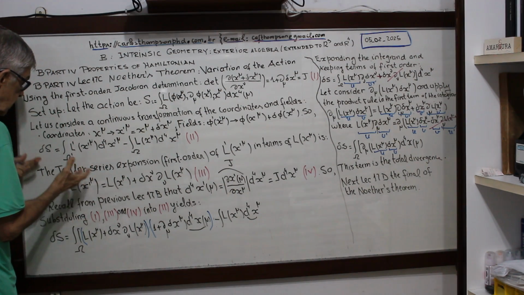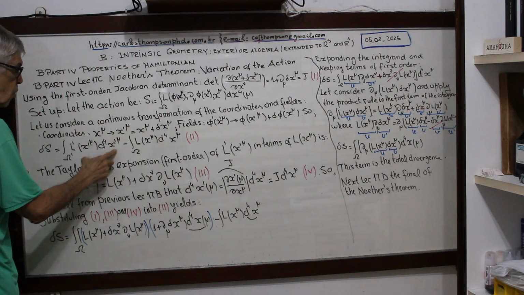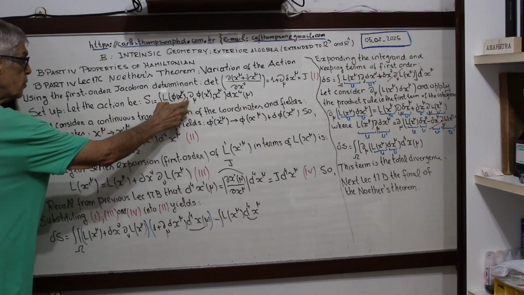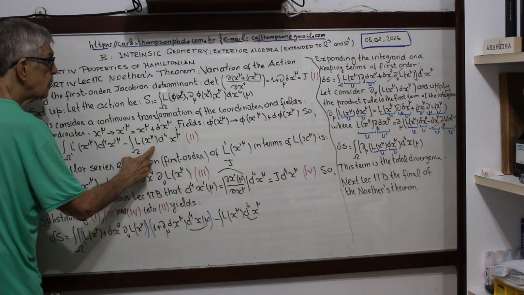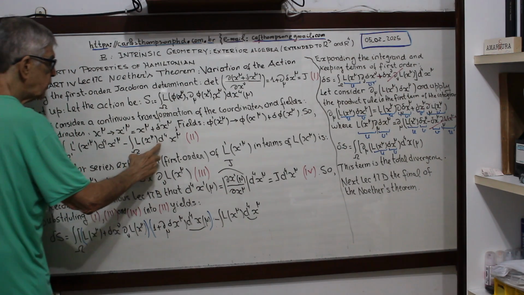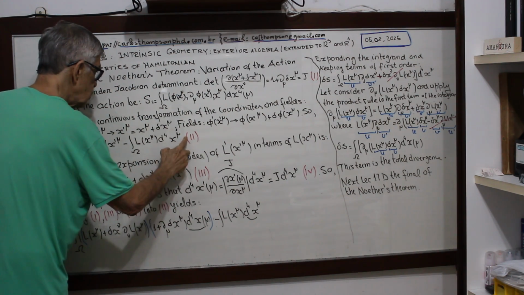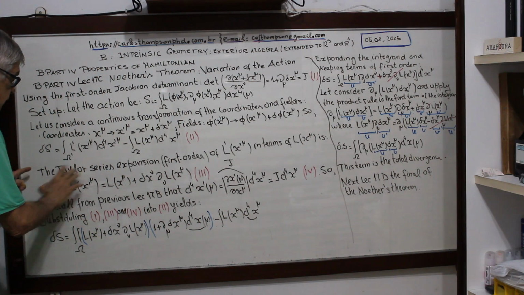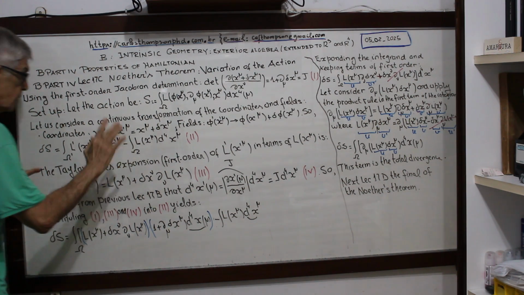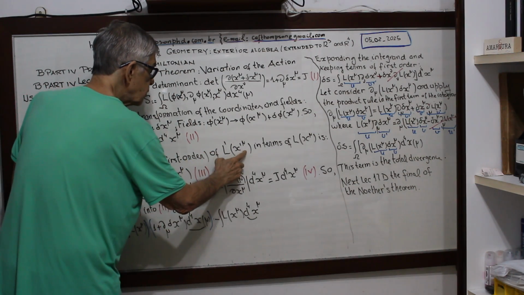That's why I can write, in this case, L prime of x prime mu, d^4x prime, minus L of x mu, d^4x mu. This is equation 2.